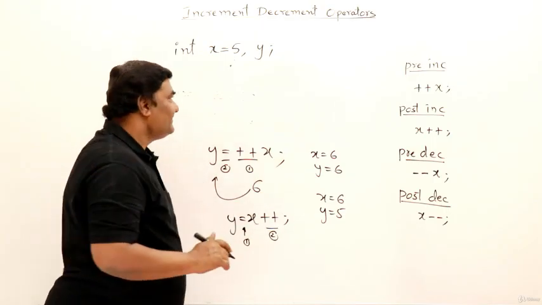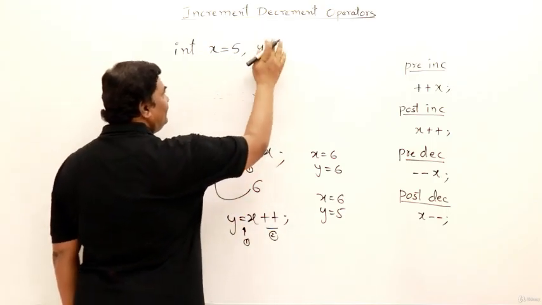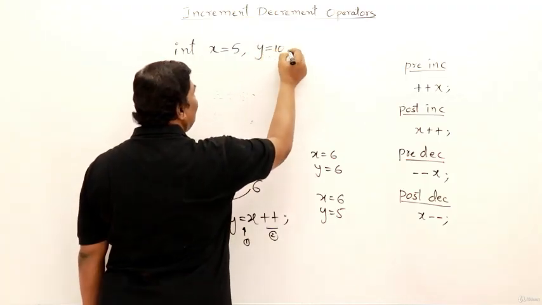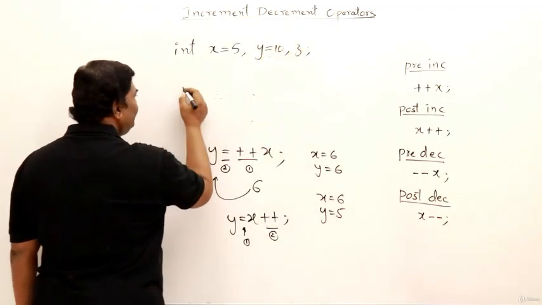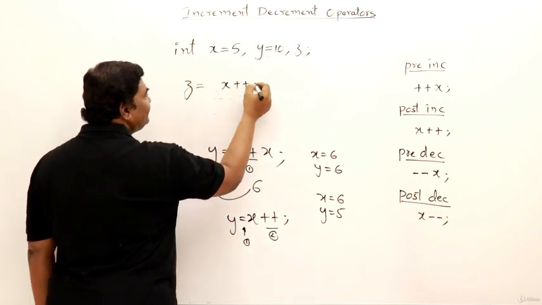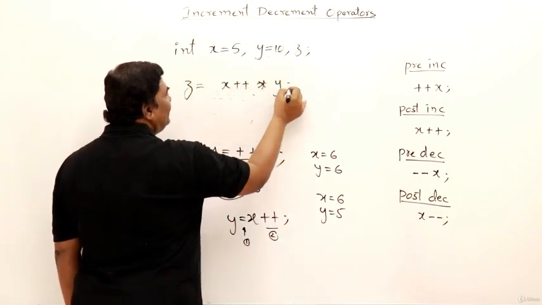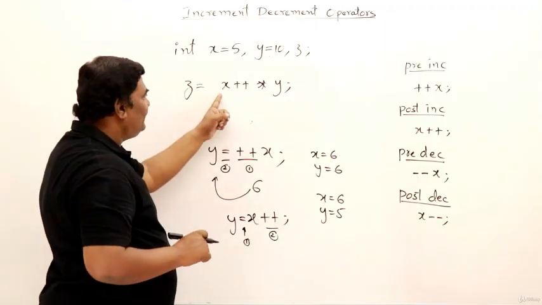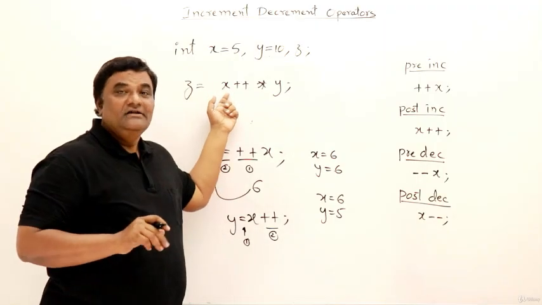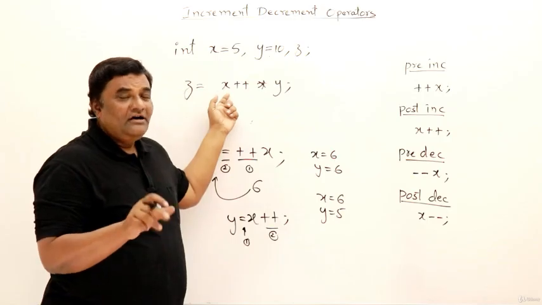I'll show you one more example. Suppose I have some more variables like y is also there, y is having value 10, and z is also there. So if I say z = x++ * y, actually x and y have to be multiplied, but x should also be incremented. So first the increment is done or afterwards?